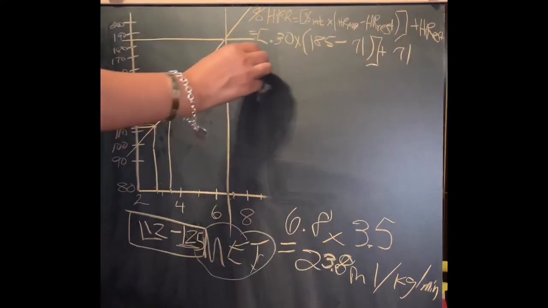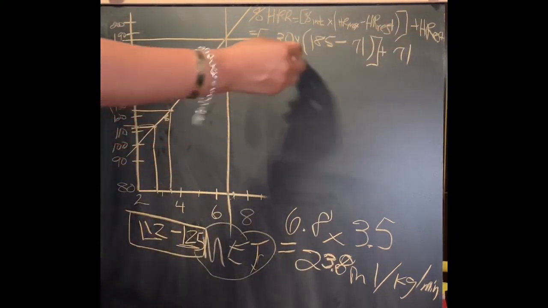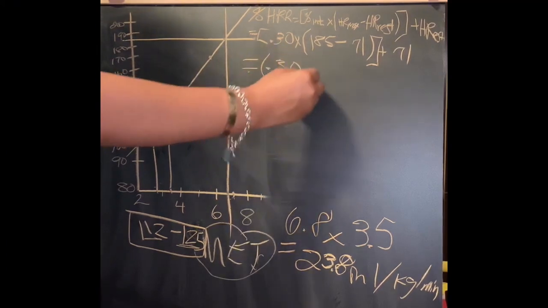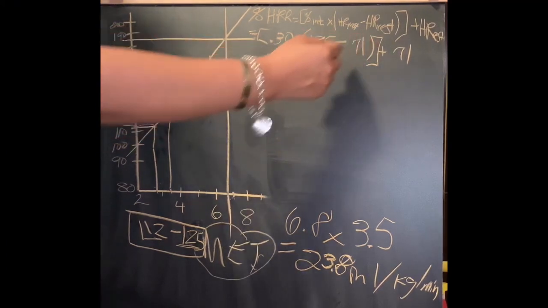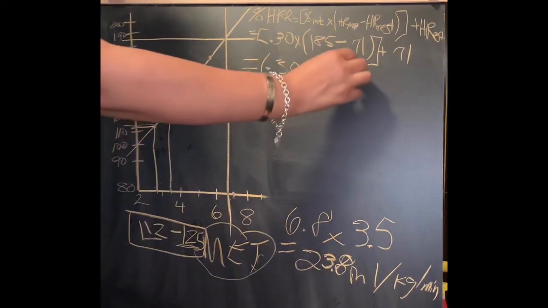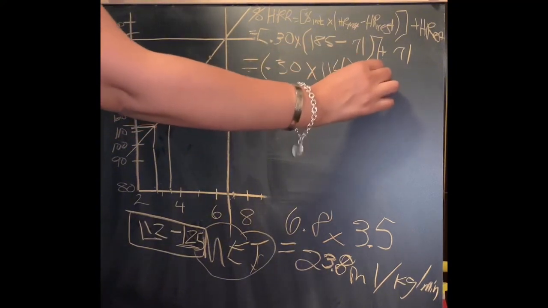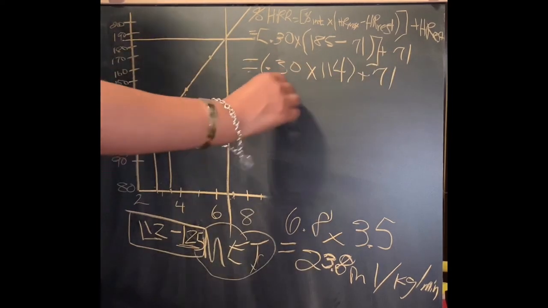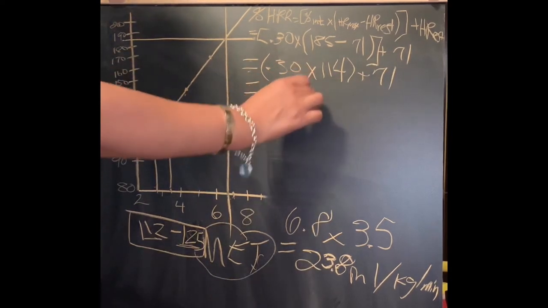All right, so let's go through and do this math. 0.30 times 185 minus 71 gives us 114 plus 71. And then 0.30 times 114 gives us 34.2.